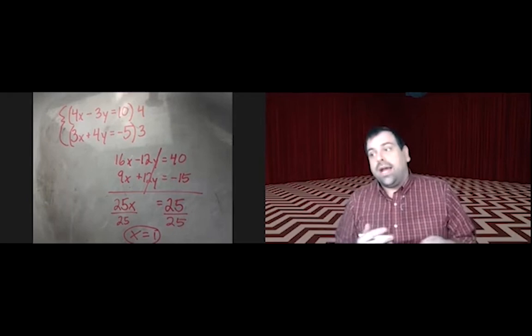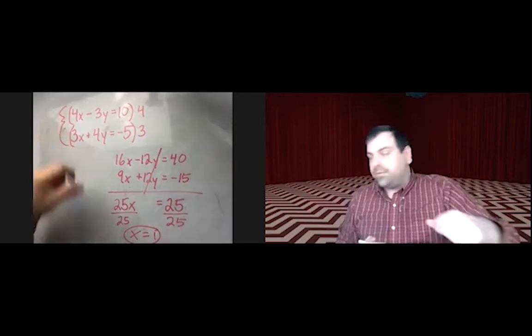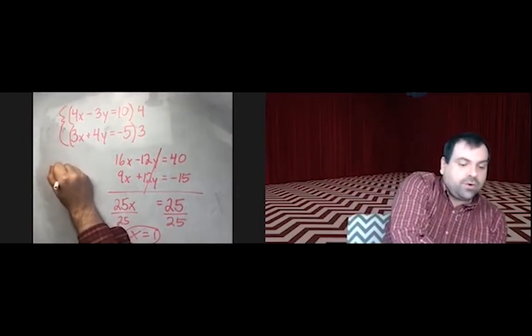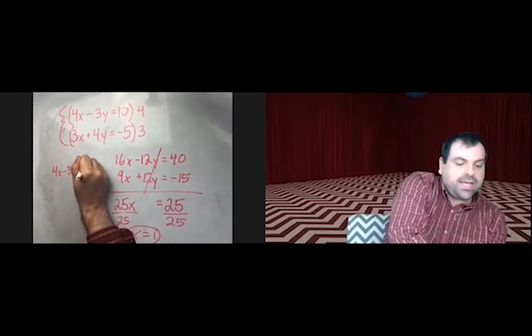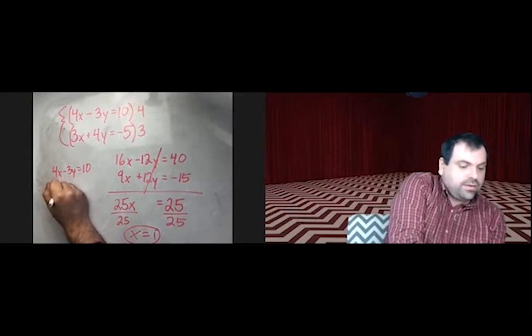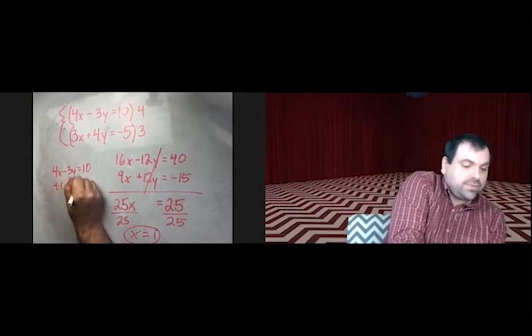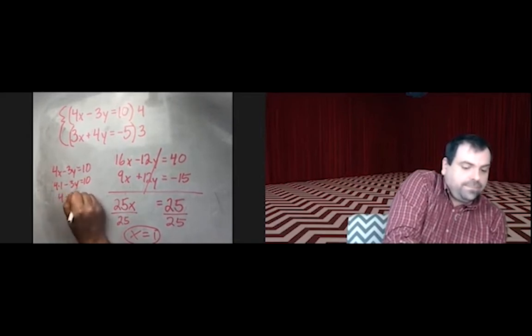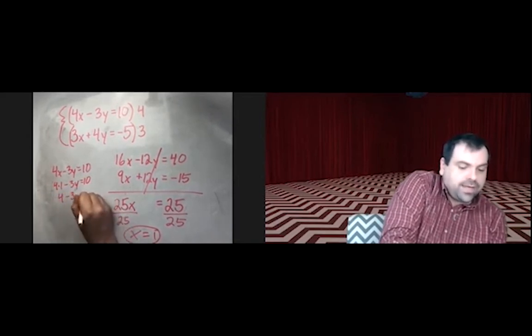We need to get y as well. So we pick one of the two equations that we started with. I'll just take 4x minus 3y equals 10, and x equals 1. 4 times 1 minus 3y equals 10. We're going to solve for y. 4 minus 3y equals 10.